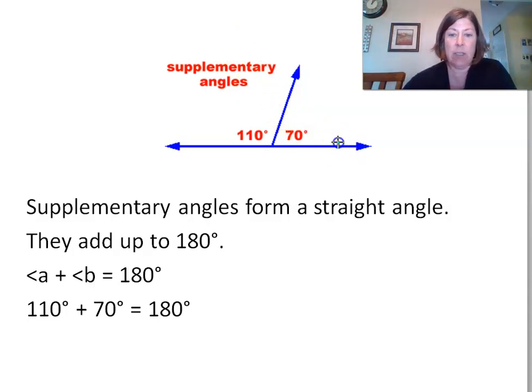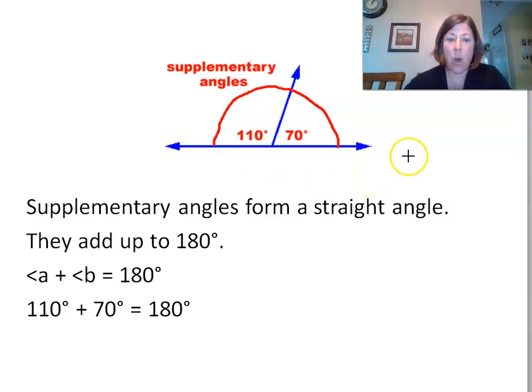So if I start here at 0 and go past the 90 and all the way to this side, there's my half a circle. That's 180 degrees. They add up to 180. So angle A plus angle B has to equal 180. If you add 110 plus 70, that equals 180.